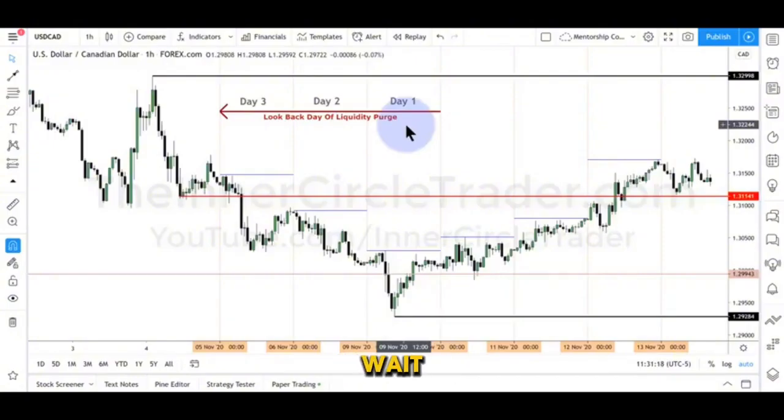We wait to see if it goes higher and reverts, not reverses. I'm not saying reversal, I'm saying revert. What is it reverting to? It's reverting to buy side. So it draws to sell side liquidity, and that's counted as day one, then day two, day three. That's our look back on the day of liquidity purge.